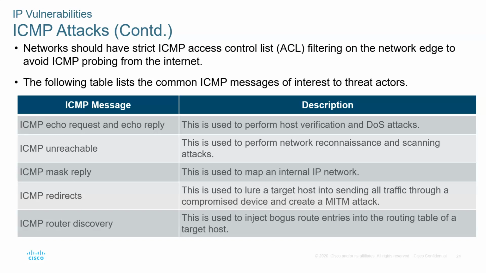So instead of sending the data to, for example, the default gateway, you can redirect it to you. Router discovery. So you can actually change the routing table routes, right? You could do that.